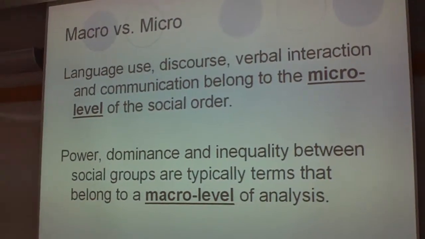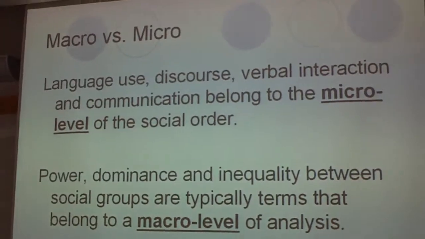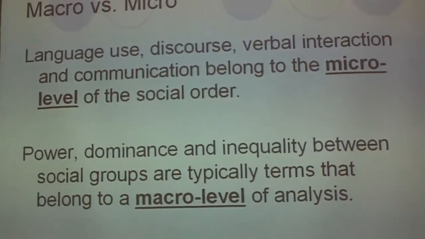As you can see, language use in CDA, the verbal interaction and communication, belongs to the micro level of the social order. And power, dominance, and inequality between social groups are typically terms that belong to the macro level of analysis.